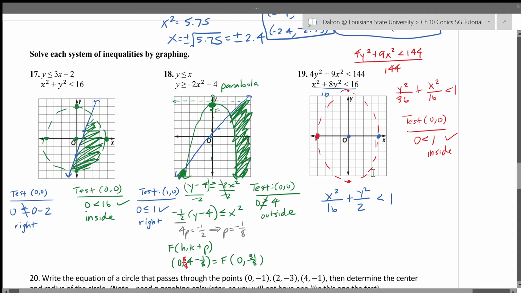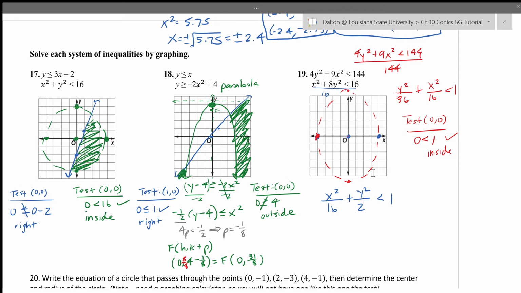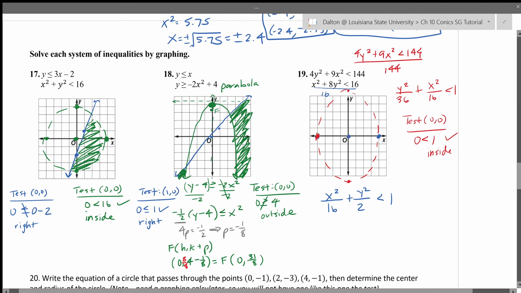So I'm going to go a little bit over 1 in the y direction from that center point. This ellipse is also just less than, which means it should have a dashed curve. And it's going to fit perfectly inside of the other ellipse.